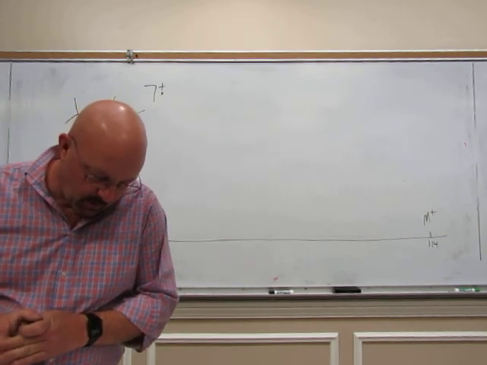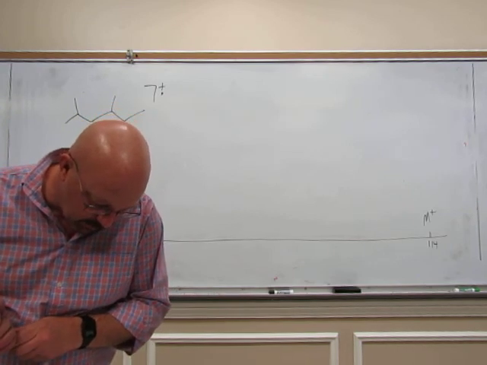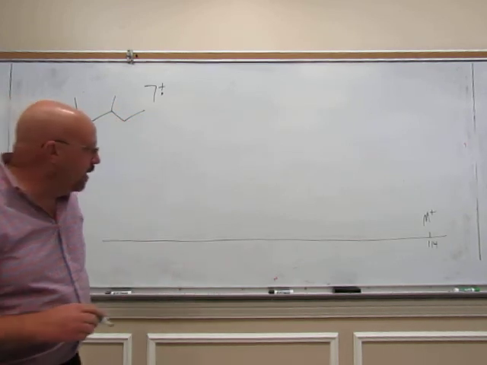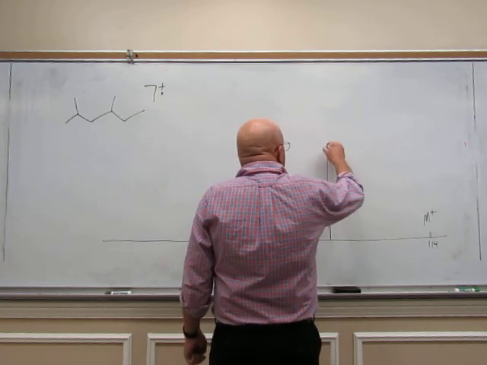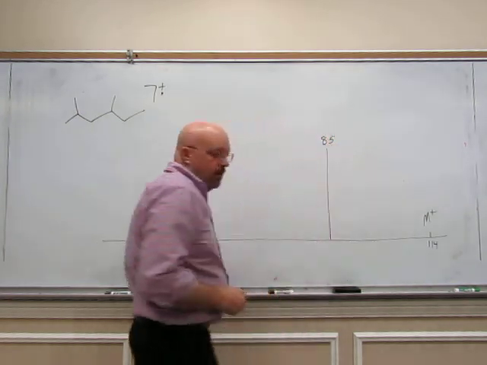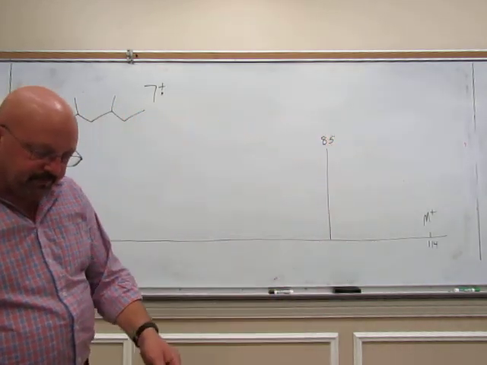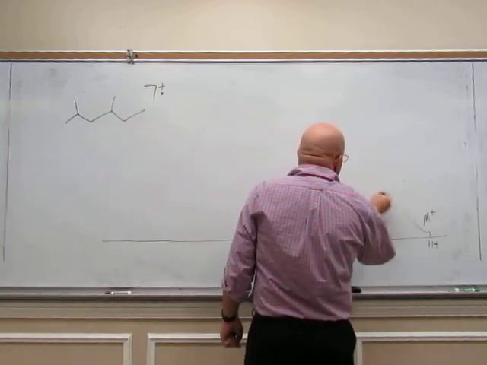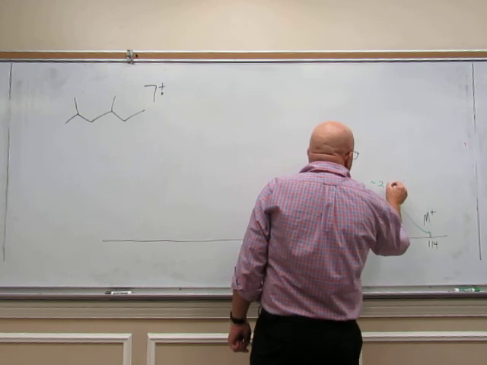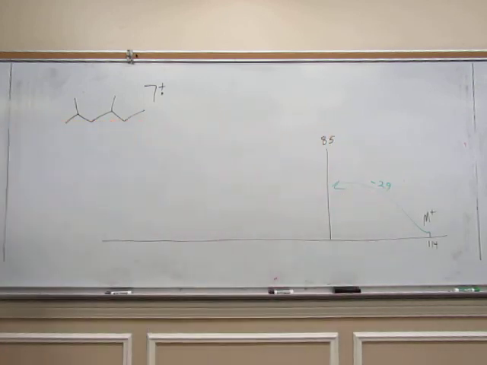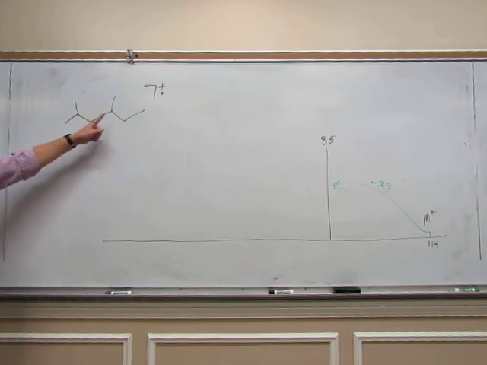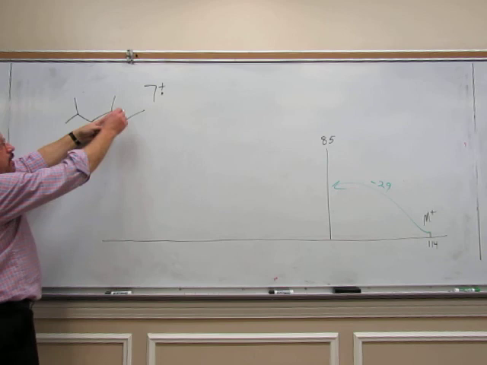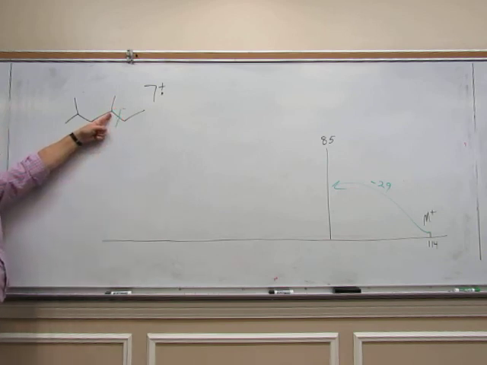Now, let's see what else we can pick out here. There was a pretty good sized peak at 85. So from 114 down to 85, that's the loss of 29 mass units. 29 is an ethyl radical. Does that make sense with our structure? Yes. Right here's a branching point, and you can lose an ethyl radical off.